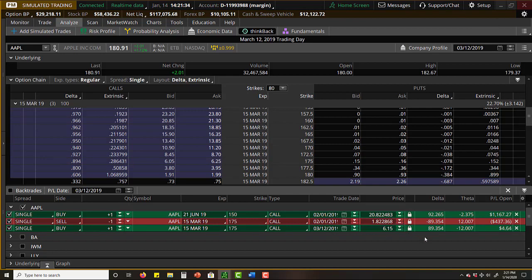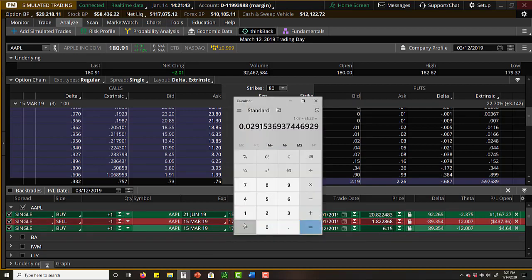That was the exit. Now, for that first month, you'd say, okay, what was the tally? Well, I sold the call for $1.82, and then I ended up buying it back for $6.15. Sometimes that's what happens with these types of trades if the stock goes up a lot. So I basically lost $4.33 in the short call that month.